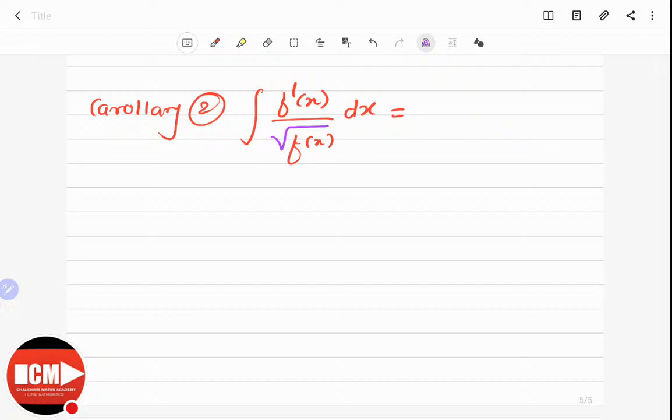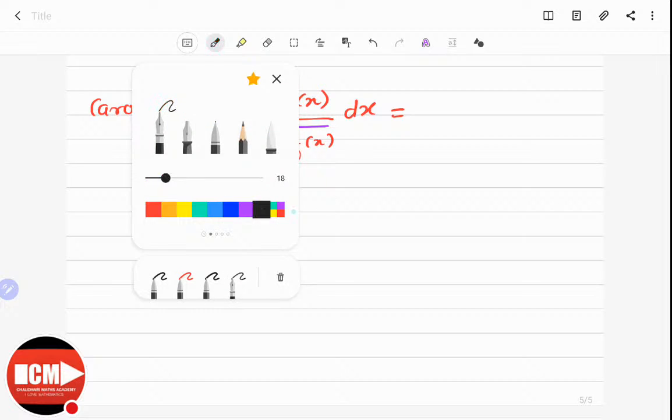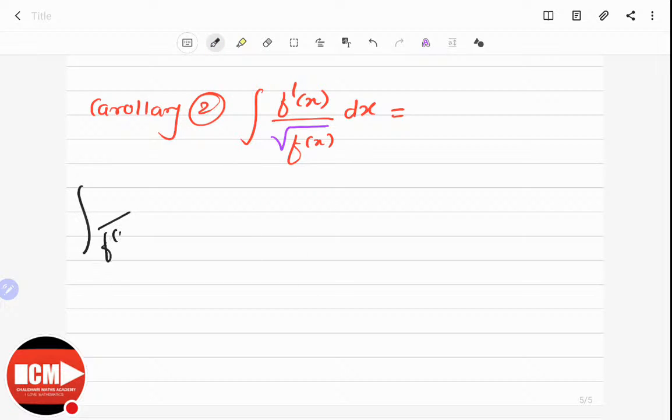This function is present inside a square root. In the previous corollary, it was a plain one. So the function was present in the denominator, its derivative was present in the numerator, and that was the corollary. The only difference between these two corollaries is a square root.